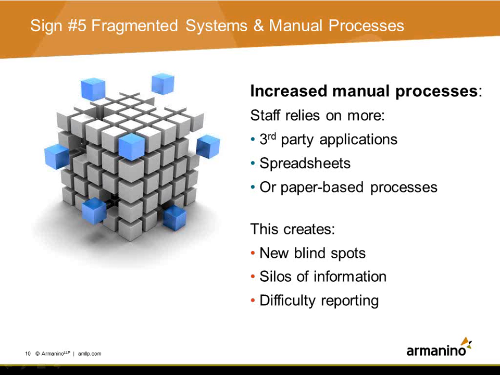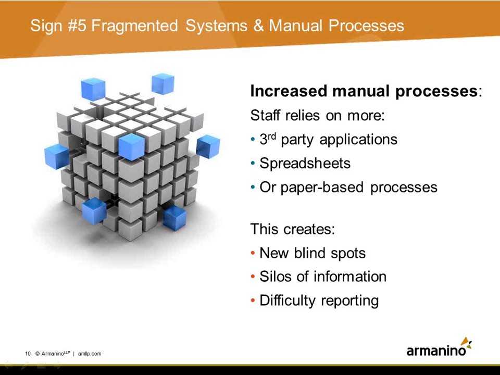All right, the fifth sign is around fragmented systems and manual processes, and we see this in every organization that we work with. The gist of it is that over time, people cycle in and out of an organization. There are preferences at a departmental level for the ways people want to work. And when you have a system like Dynamics GP that does a lot of things well, especially around the financial management of an organization, we tend to see people bringing in additional systems like CRM systems or product lifecycle systems or other types of quality systems that come into play.